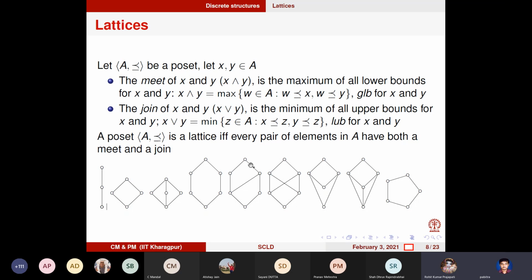And if the path always goes down or always goes up, it cannot go up, come down, and again go up, then it's a lattice. If you have to come down and go up, then it is not a lattice. You take any 2 points, you try to find a path between them. And if the path always goes up or always goes down monotonically.